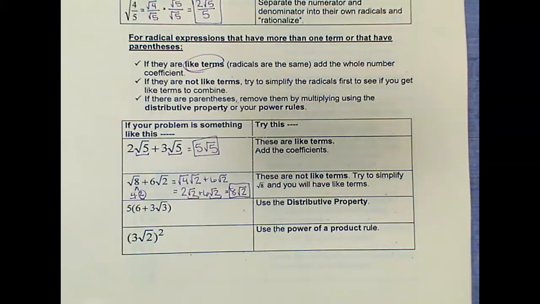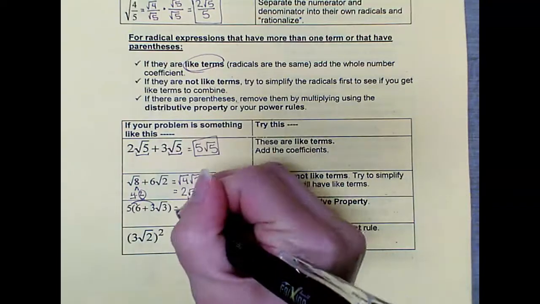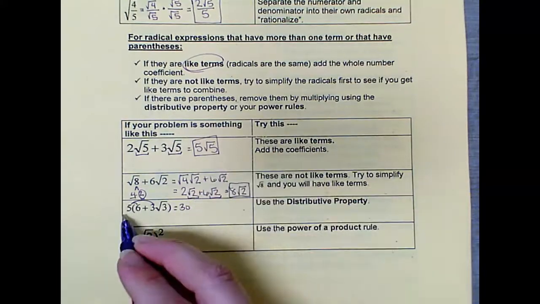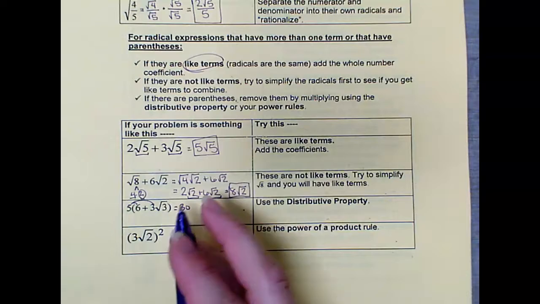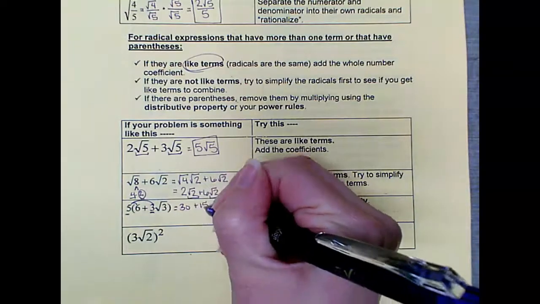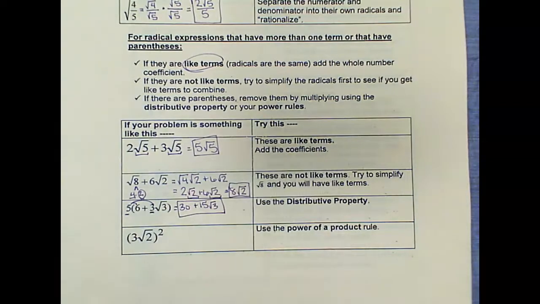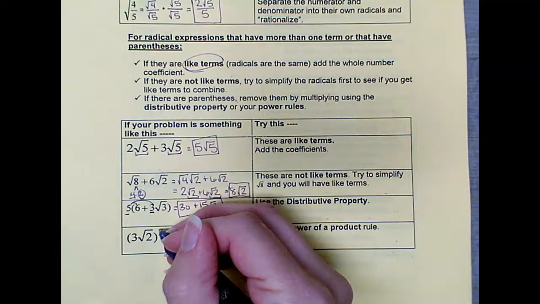Now we still have properties like the distributive property that holds. So 5 times 6 is 30. And 5 times 3 square roots of 3 means I just multiply the numbers that are outside of the radical. So 15 square roots of 3. And I still have problems where I have a distribution with power.